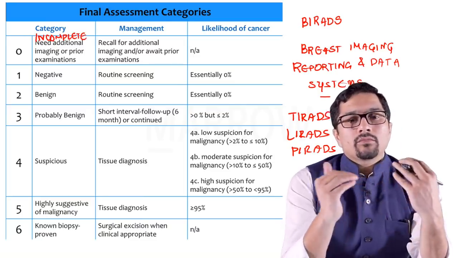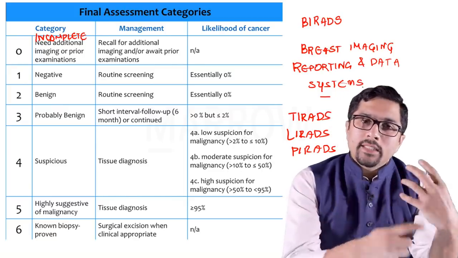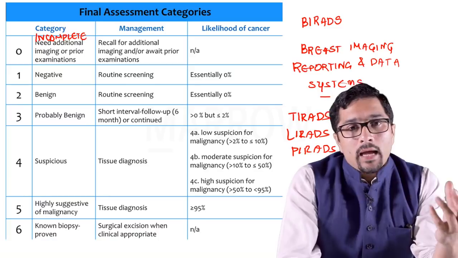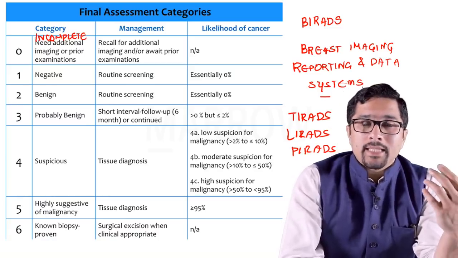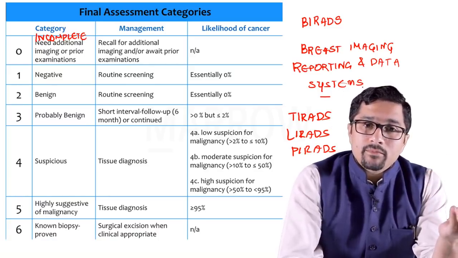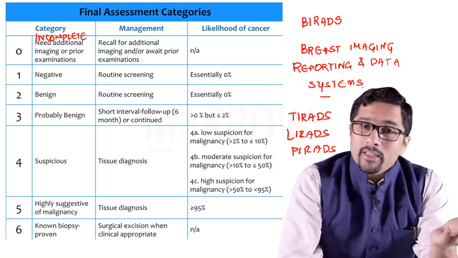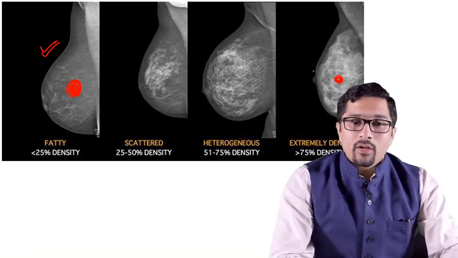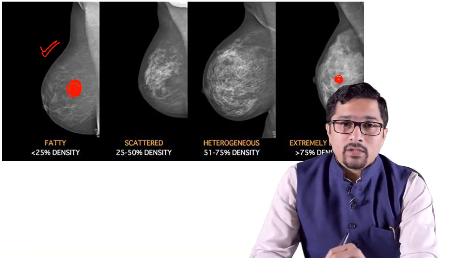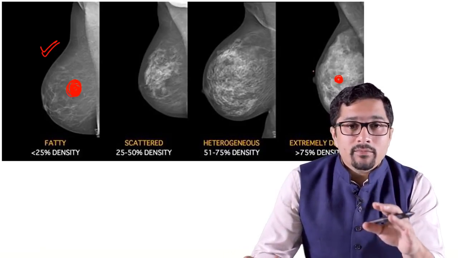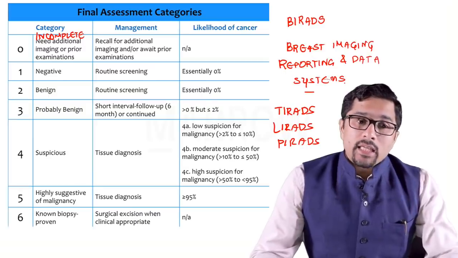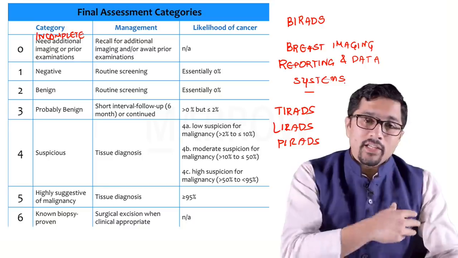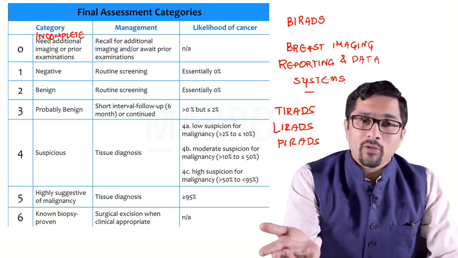Okay, so what happens, a young patient, say a 30-year-old patient, goes to a doctor, and by mistake the doctor sends her for a mammogram. But we've already discussed that in a young patient, if you do a mammogram, you will get this dense breast tissue. Everything would be white. So even if the surgeon is feeling a lump in the breast, the radiologist will not see anything on the mammogram.